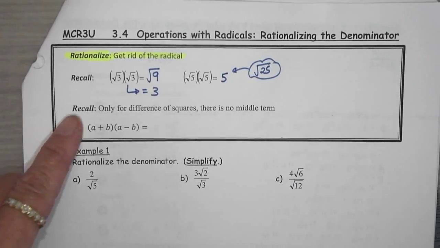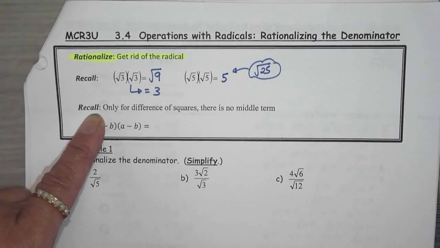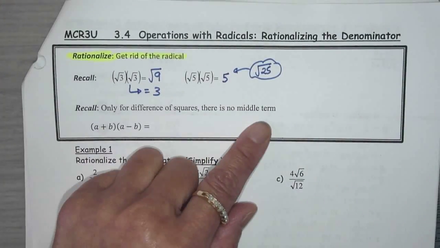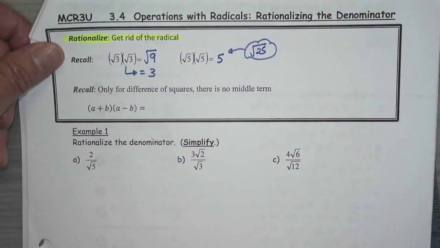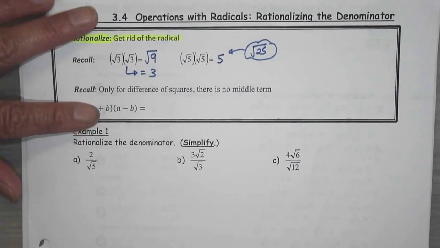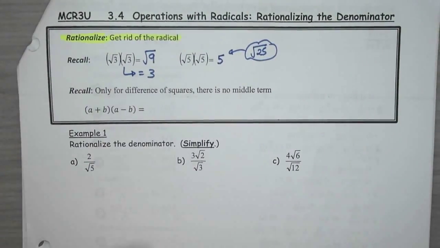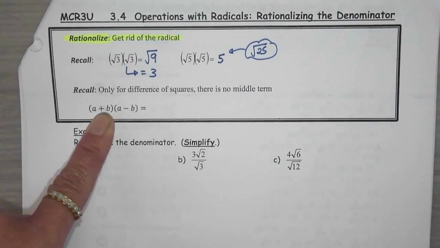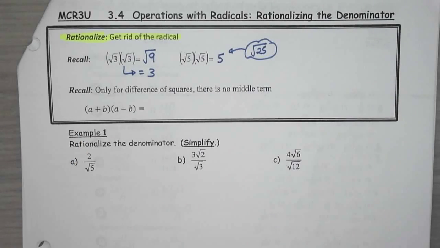Now, the other thing I need you to remember, recalling that we know how to do this: for difference of squares, there's no middle term, right? So if I have A and B, and I'm going to tell you these things, and then we're going to see where I'm going to use it in the questions below. So A plus B and A minus B, like that.